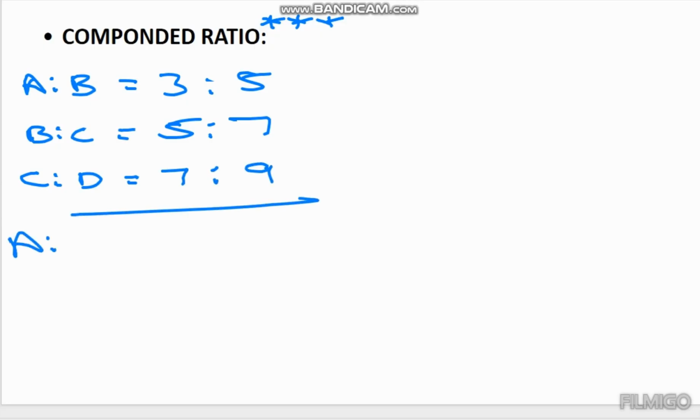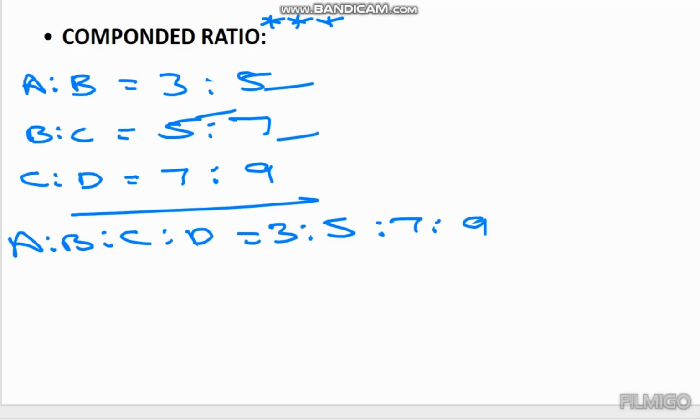So the ratio of A is to B is to C is to D can be written as 3 is to 5 is to 7 is to 9. So if the B and B, C and C are common, then the values will be A is to B is to C is to D, 3 is to 5 is to 7 is to 9.